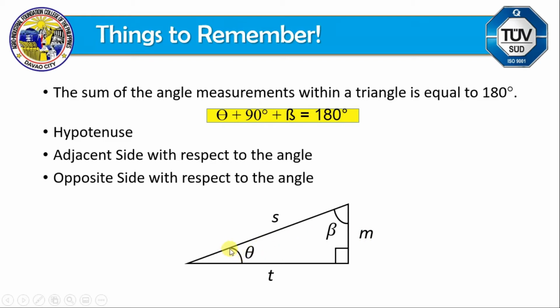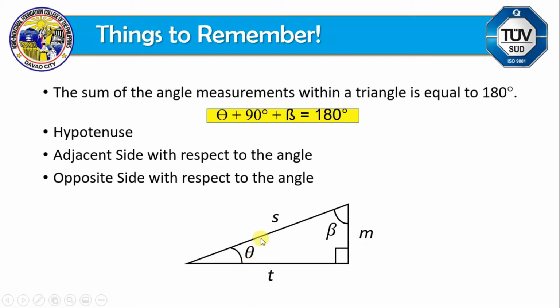So, in this case, if we consider angle theta, yung katapat niya na side, atbang niya na side, is itong side na M. Well, yung katabi niya na side, since dalawa lang to na side, it's either ito or ito.